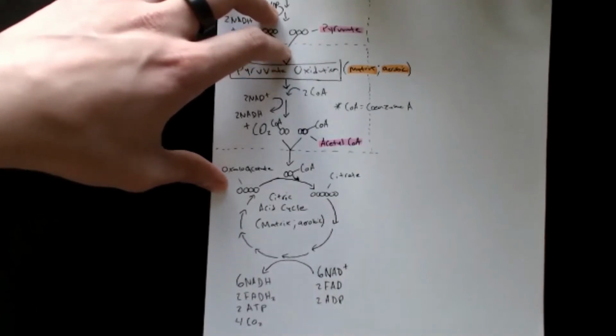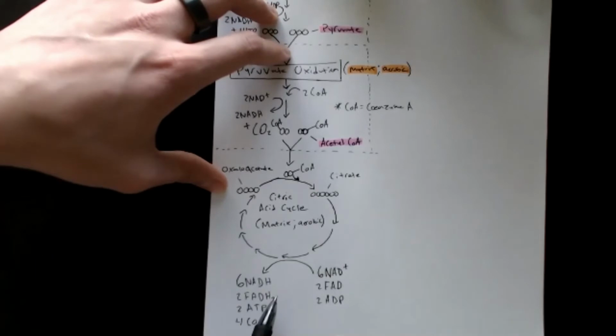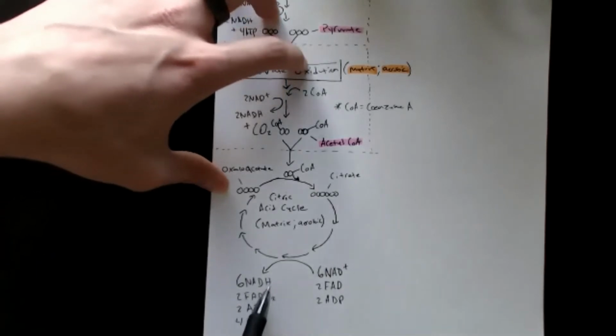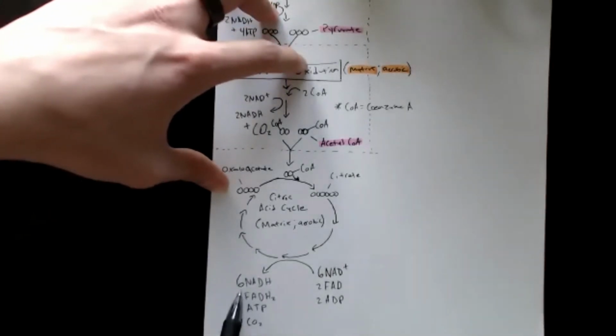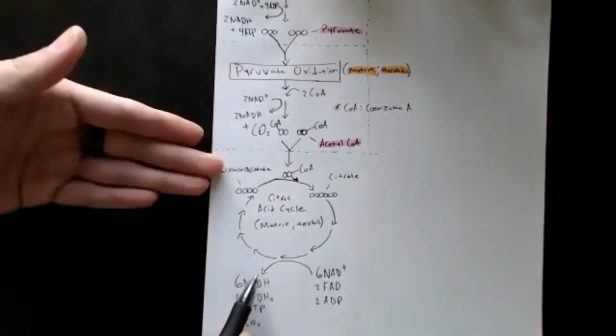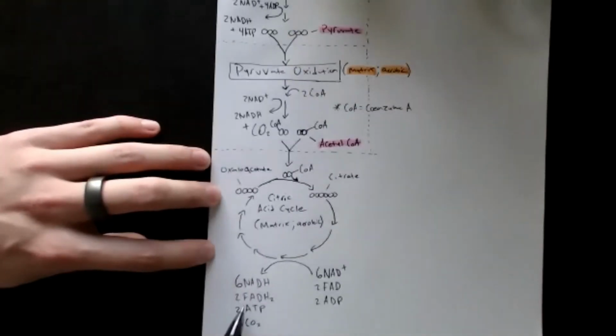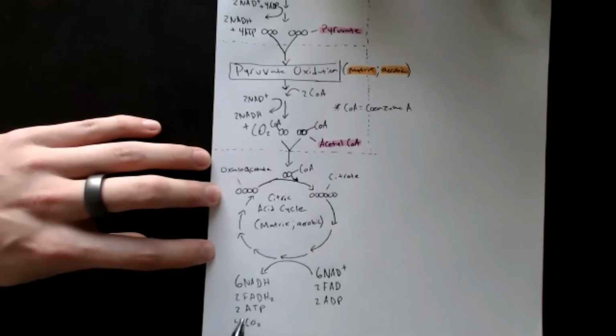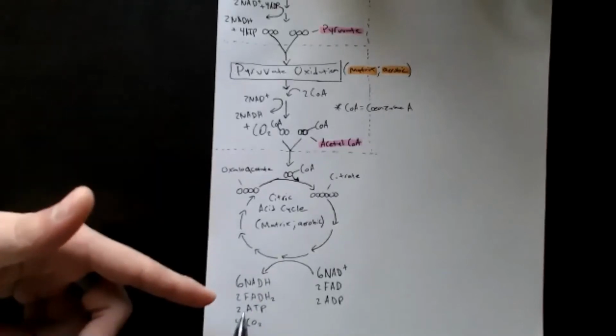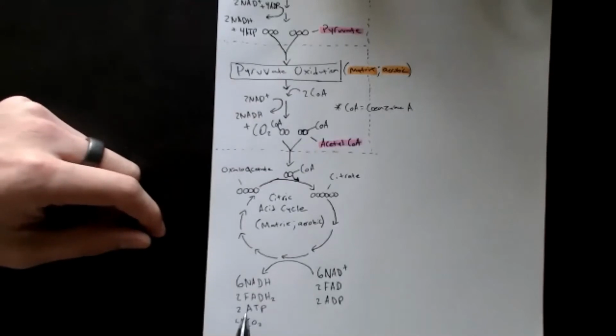Okay, so we don't need to know that you're getting 6 NADH. Just know that you're getting the most NADH. We don't need to know that we're getting 2 FADH. We just need to know that the only thing out of all of these steps so far that is going to produce FADH is the citric acid cycle. 2 ATP, that should be easy to remember. You're getting 2 net ATP from glycolysis.